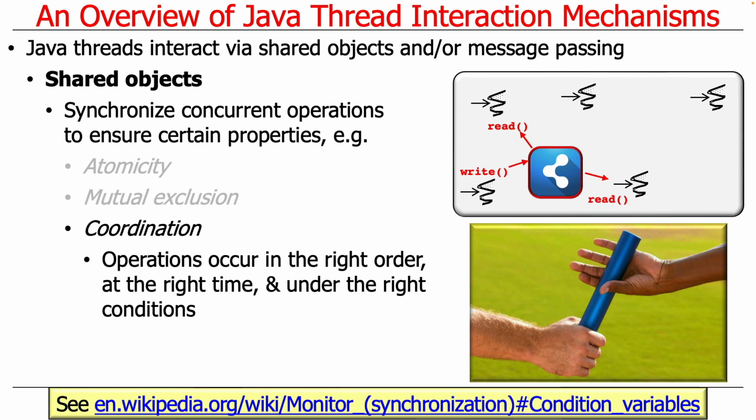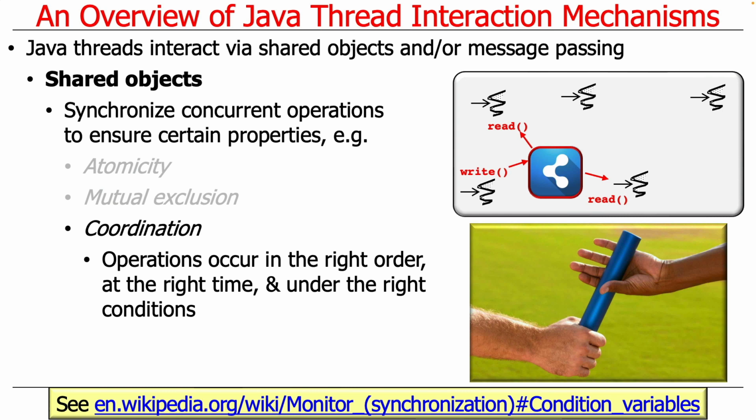Coordination is another type of synchronization mechanism, which ensures that operations between multiple threads occur in the right order, at the right time, and/or under the right conditions. One of the key themes there is conditions: when can something happen?